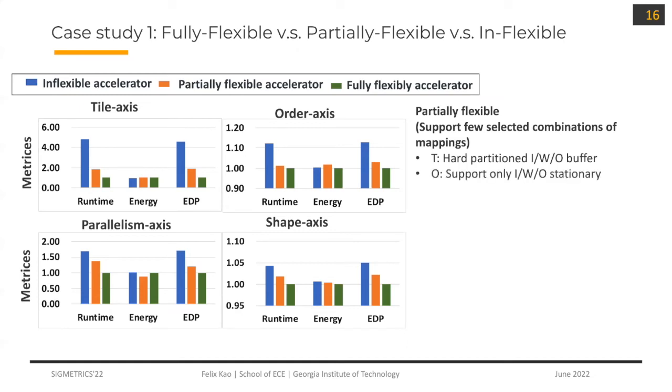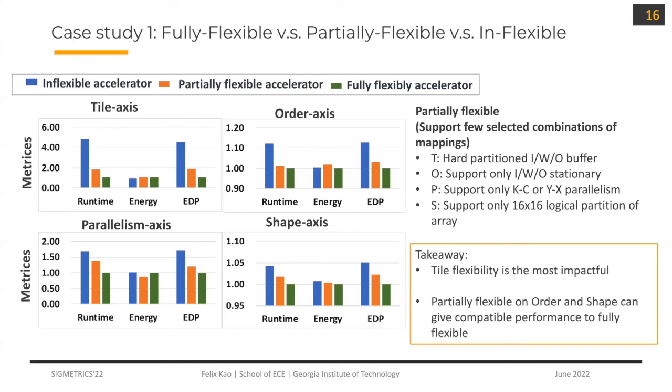For order, we only allow one type of order in each of the input, weight, and output stationary categories. For parallelism, we only allow channel parallelism or activation parallelism. For shape, we only allow the PE array to be logically partitioned with a coarse granularity of 16x16.